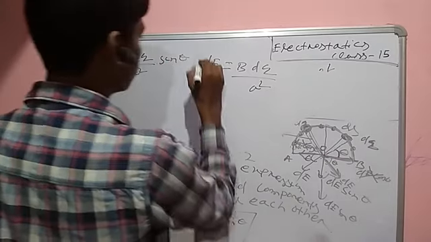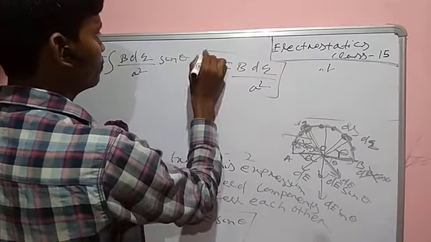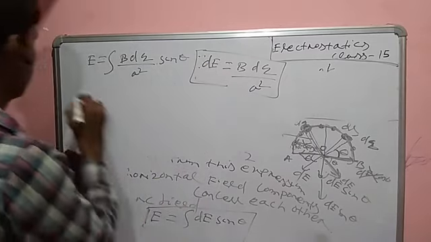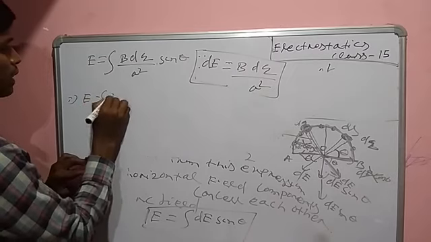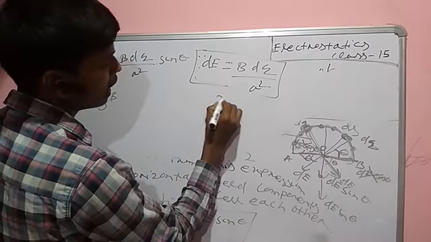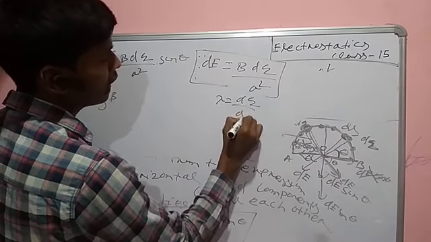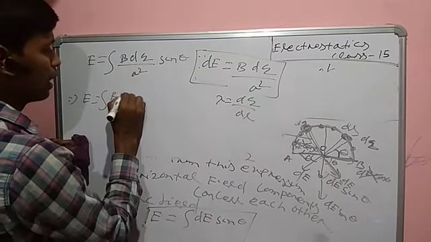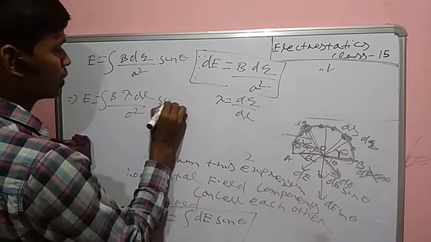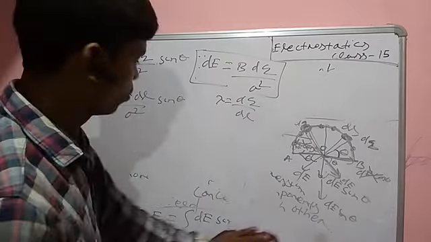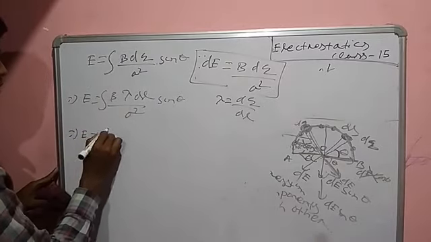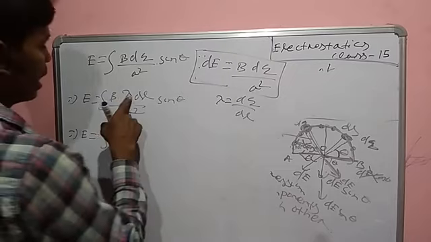Yes or no? So dq means lambda, where lambda is equal to dq by dl. So dq is lambda dl. Lambda dl by a square sin theta. Yes or no? So we can write E is equal to k lambda dl.